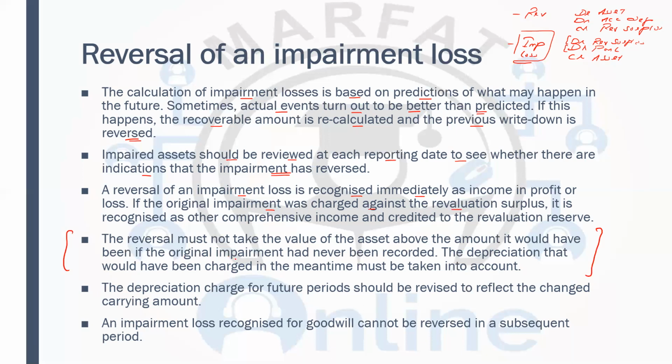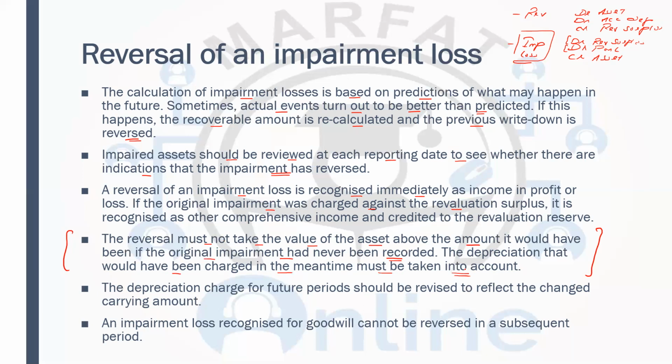Okay, let's read these lines first, and then we'll do an example. The reversal must not take the value of the asset above the amount it would have been if the original impairment had never been recorded. The depreciation that would have been charged in the meantime must be taken into account.